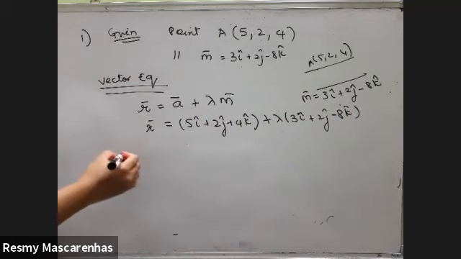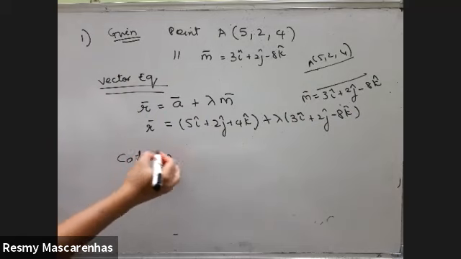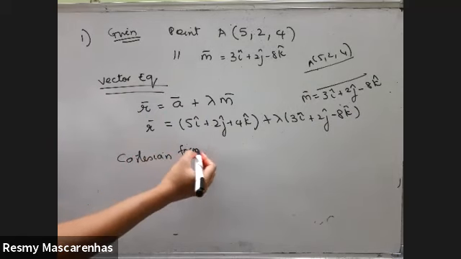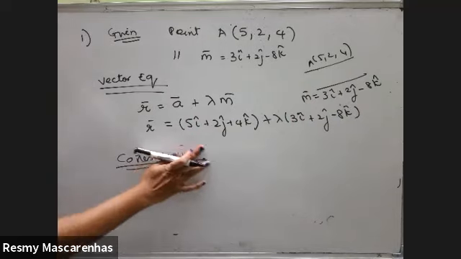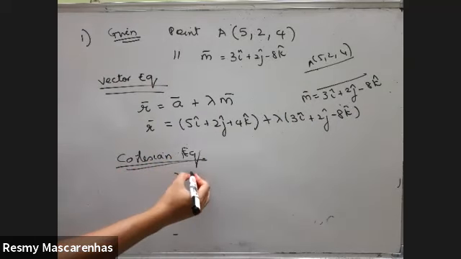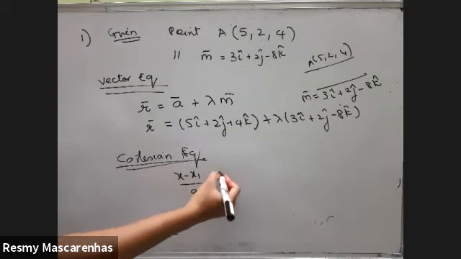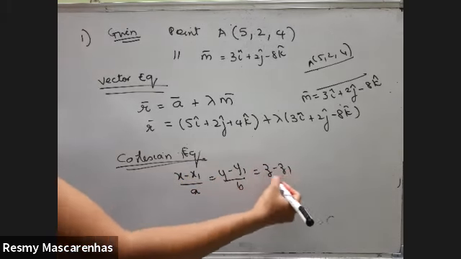Now we have to write the Cartesian form, the Cartesian equation of a line. So what is the formula? x minus x1 upon a, y minus y1 upon b, z minus z1 upon c.